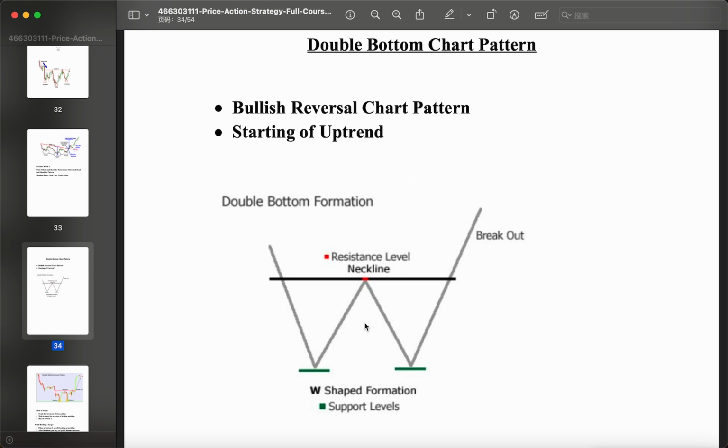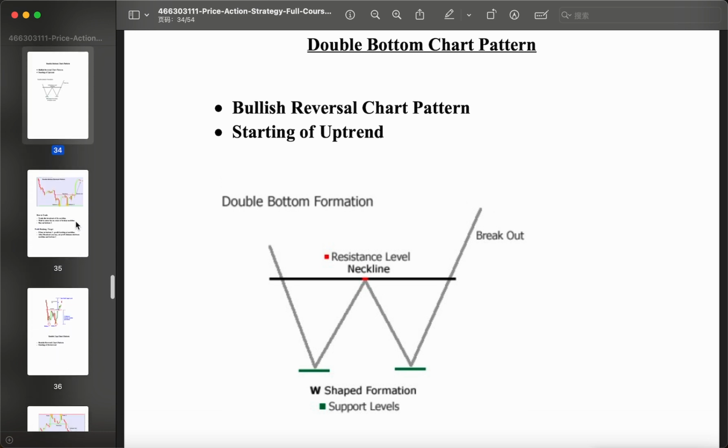It looks like a W-shaped formation, and on the bottom of this W, you see these support lines, and this is the resistance level, also named the neckline. So when the market breaks out of the right bottom, it's a bullish signal.